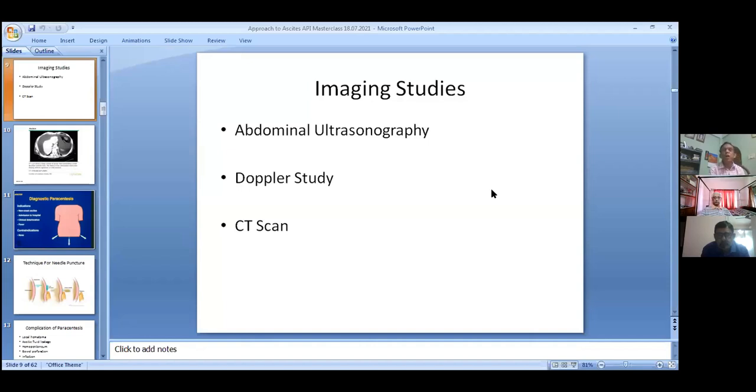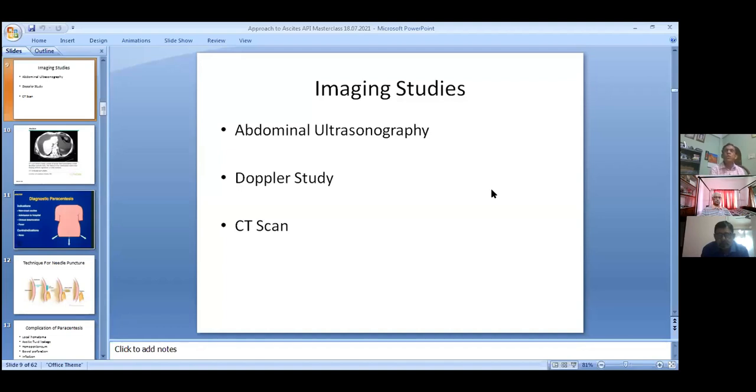But sometimes you have to go for CT scan of abdomen. This CT scan of abdomen is more sensitive and specific for diagnosis of cirrhosis compared to ultrasonography. Particularly if you suspect complications of cirrhosis, such as malignancy, particularly hepatocellular carcinoma, the CT is more sensitive and specific than ultrasonography.